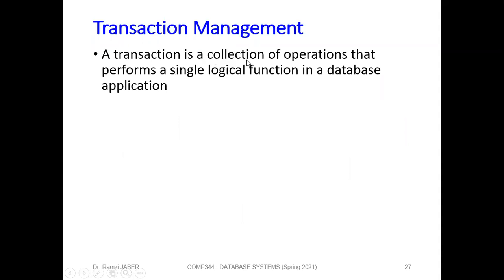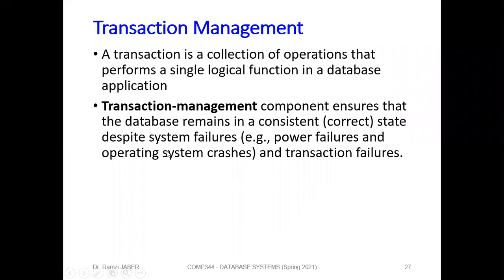A transaction is a collection of operations that performs a single logical function in a database application. We have components that ensure the database remains in a consistent state, meaning correct values, not corrupted values, despite system failure.